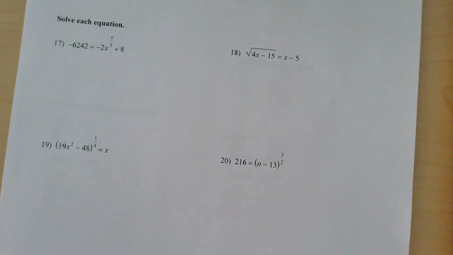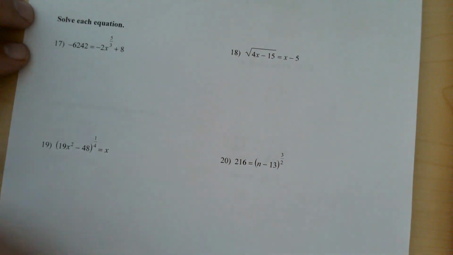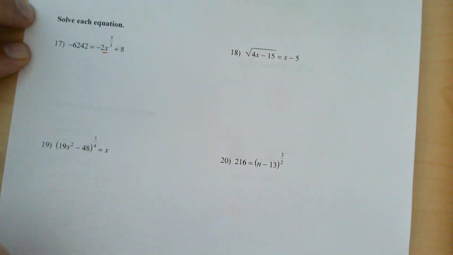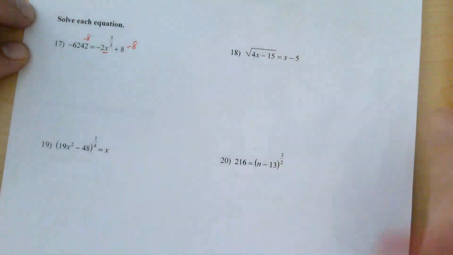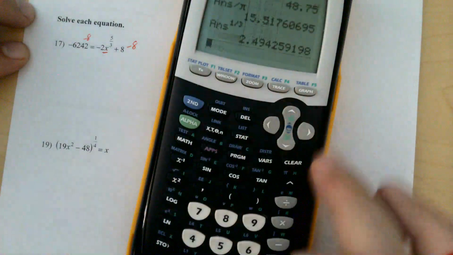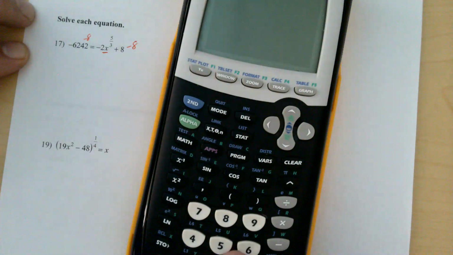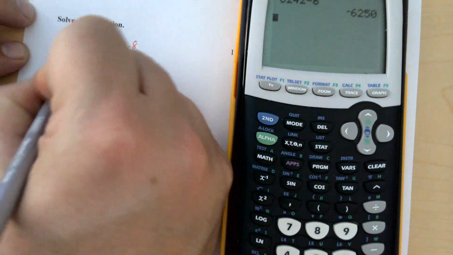And then all we need to do, this is all 5-4 section, we are going to solve equations by inverse operations. So when I look at 17, I need this x all by itself. So I don't like the -8, so I'm going to subtract 8. So we'll take our calculator, -6,242 minus 8, and we get negative 6,250.